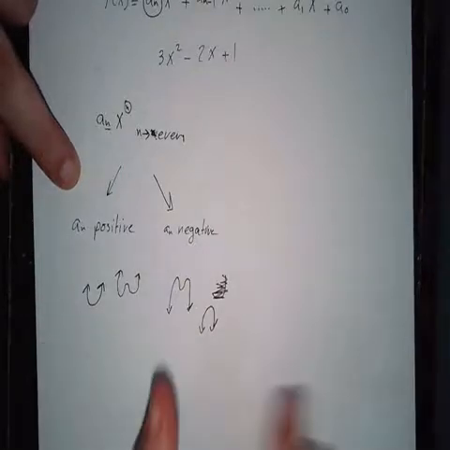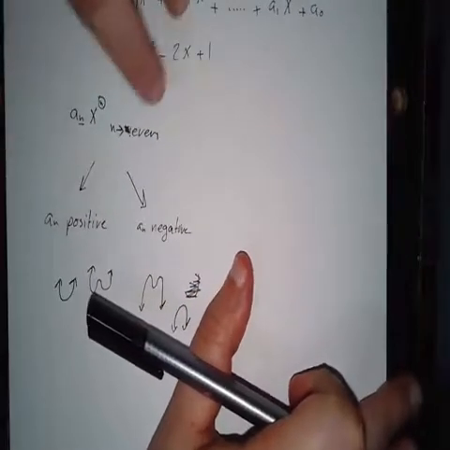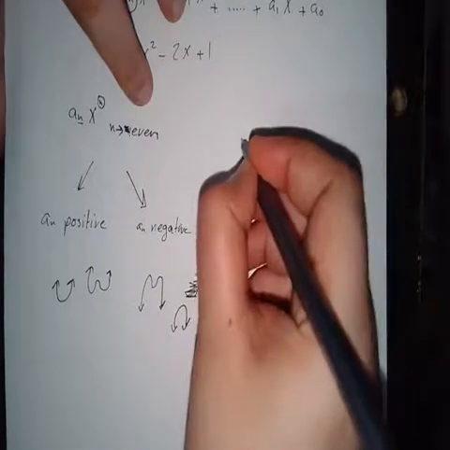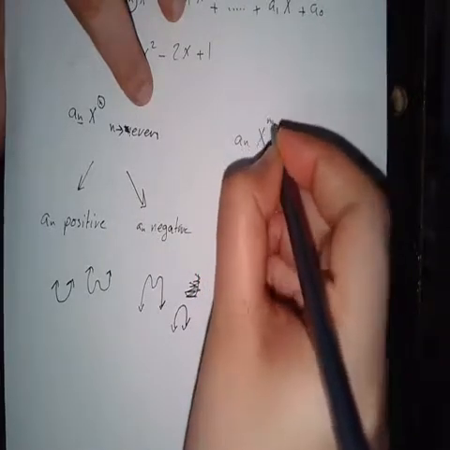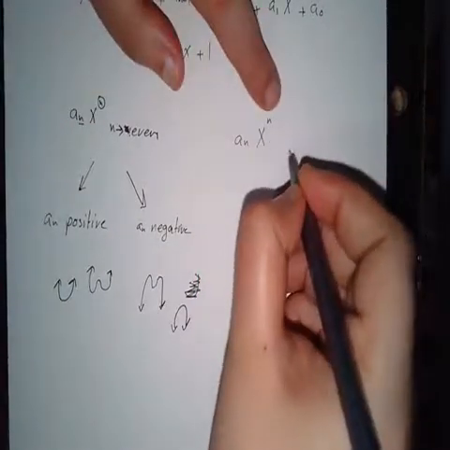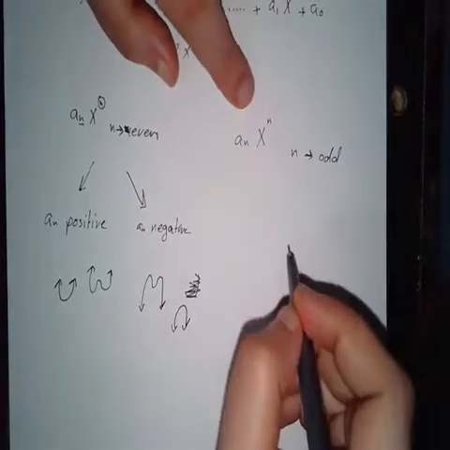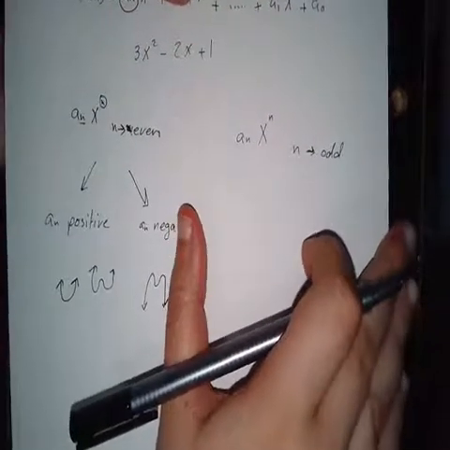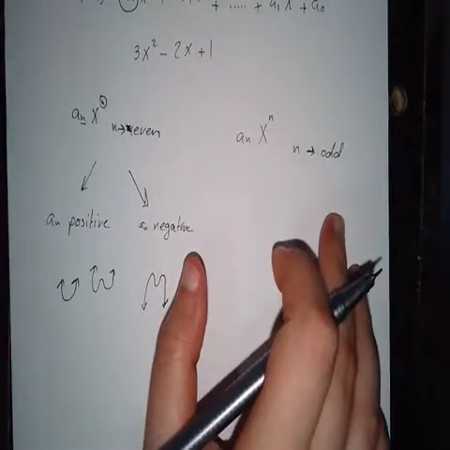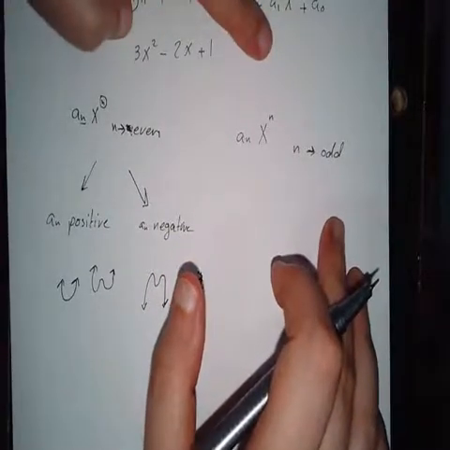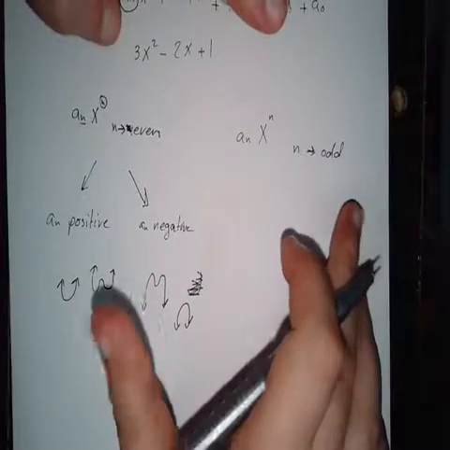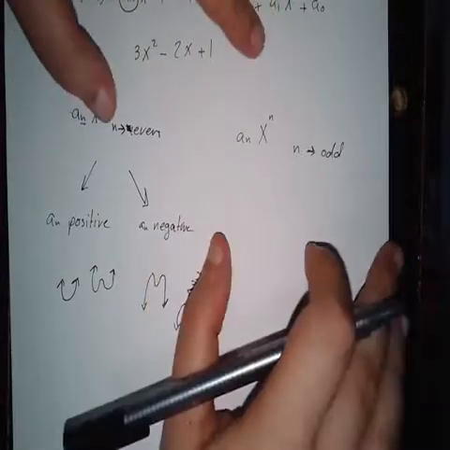So far so good? Now let's go to the second case, which is where a_n is multiplied times x to the n, but n in this case is odd. By this, I mean that the function you're considering has an odd power. So the highest power would be 3 or 7 or 13 and so on.